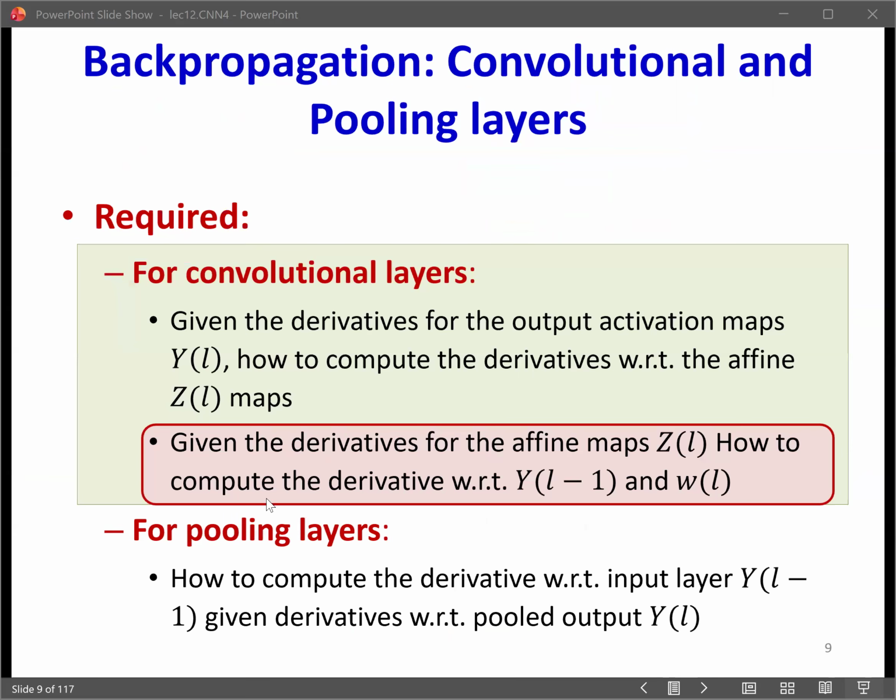So the next question was, you have the input channels to a convolution, and then we had a filter, and this filter gave us a single output affine map. And so the question was, given the derivatives for all the elements of this affine map, how did we compute the derivatives going backwards for all of these input channels and for the filter?